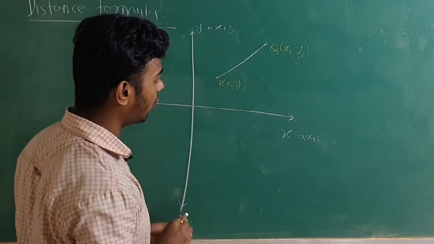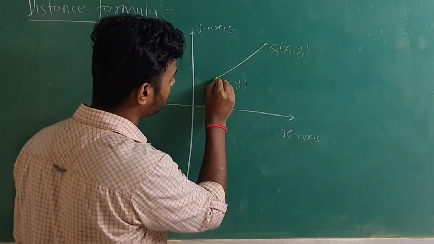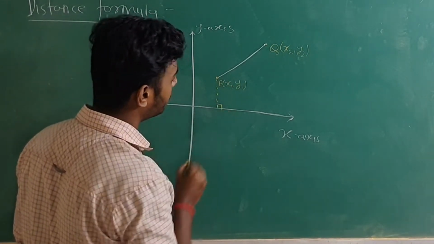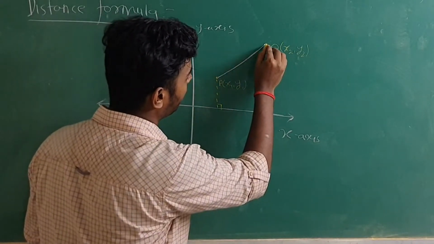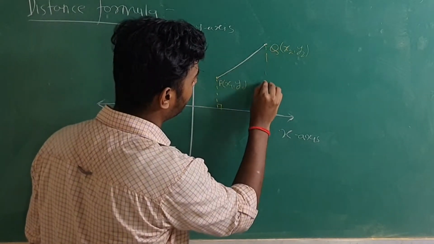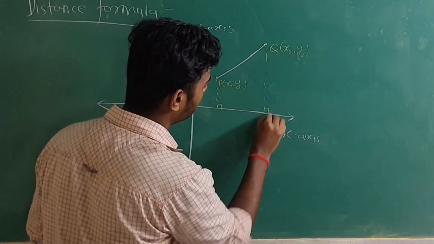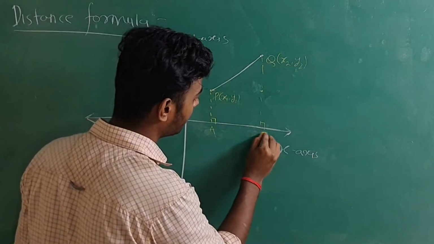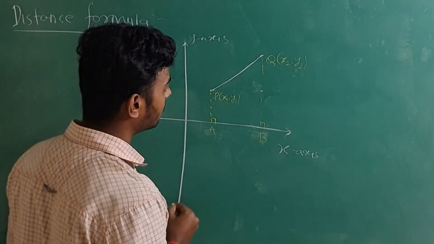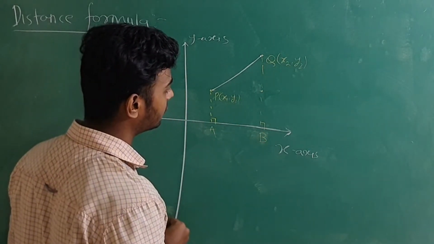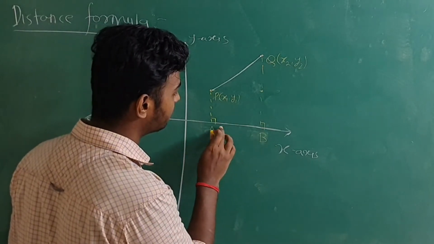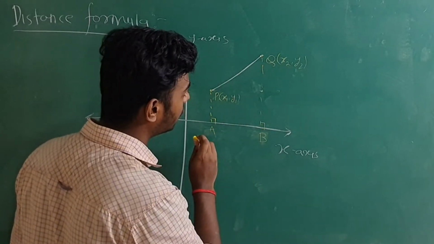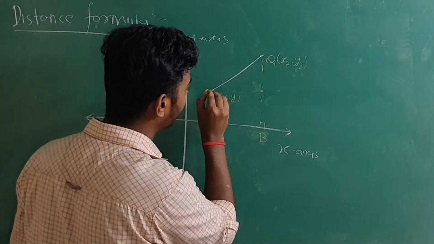And draw a perpendicular from the point P to the x-axis and from Q also. Let's name them A and B. Now draw a line from P in such a way that it is parallel to the x-axis and perpendicular to QB.